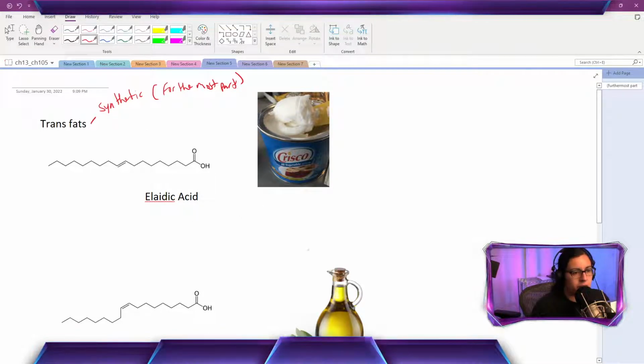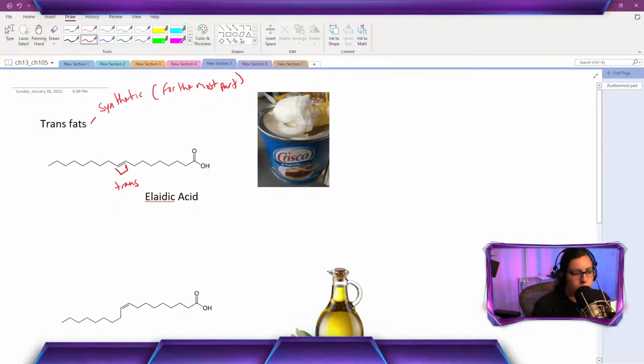But if we're talking about, let's just say our good old Crisco here, Crisco is made from taking a saturated fat, and then they do unsaturation to add this double bond. The problem is when you do this synthetically, this gives you a trans double bond.